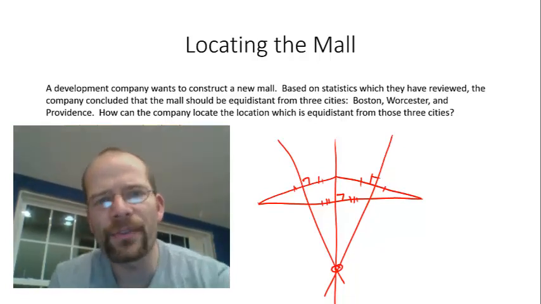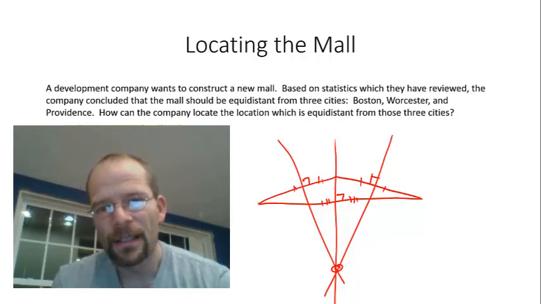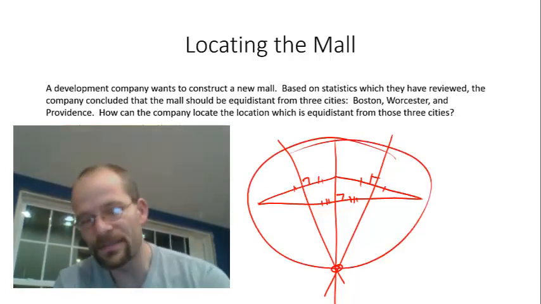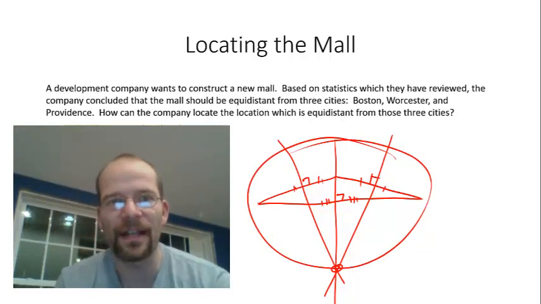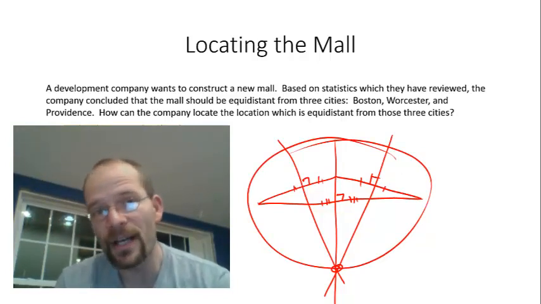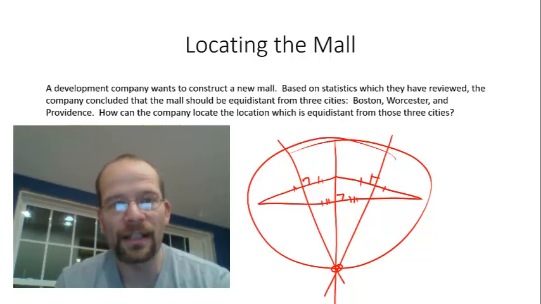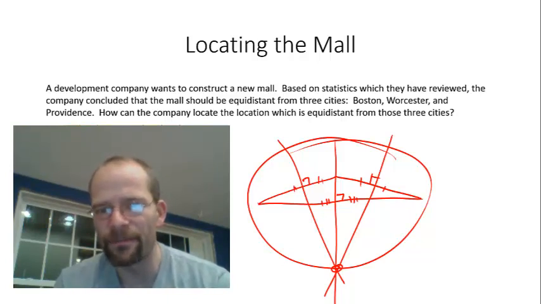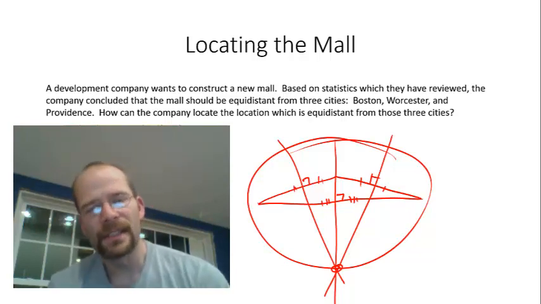I'd encourage you to work through the construction a couple times. Particularly, it may be a good idea to try your hand at an obtuse triangle and see where your circumcenter ends up. You might want to try it with a right triangle as well, certainly with an acute triangle, and just see how that circumcenter moves around depending on the shape of the triangle. As always, if you have any questions, please send me an email.